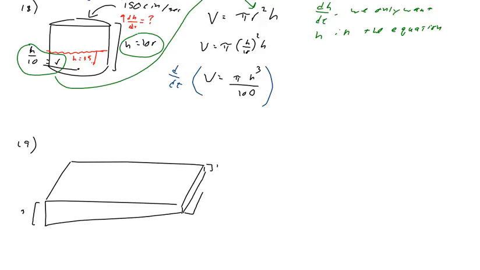This is 6. The width is 12. And the change in volume, it says, is one quarter of a cubic meter per minute. And that's our dV dt.